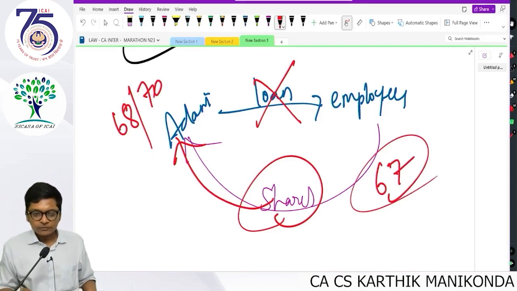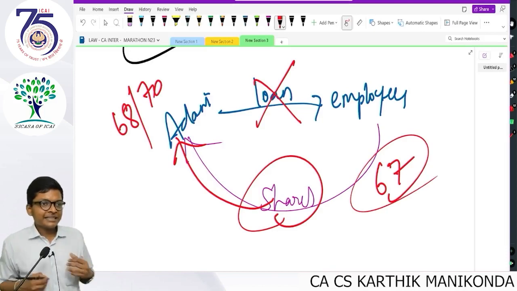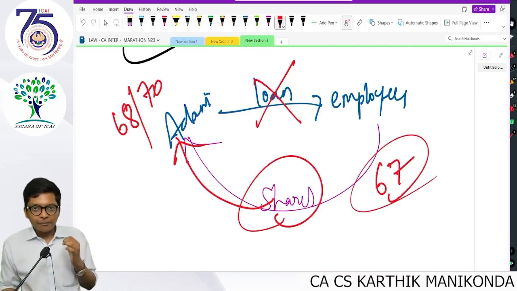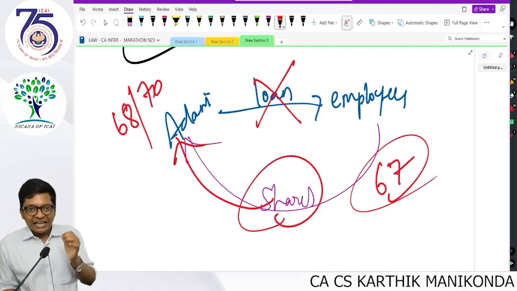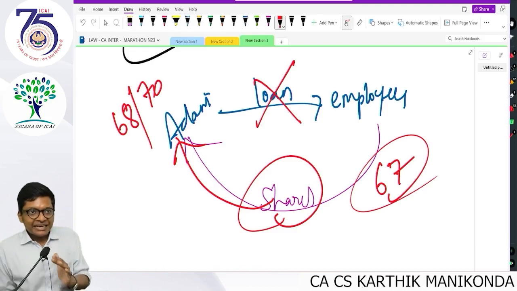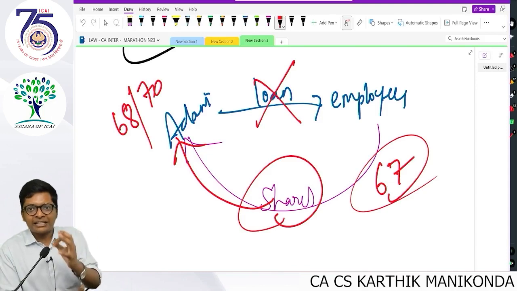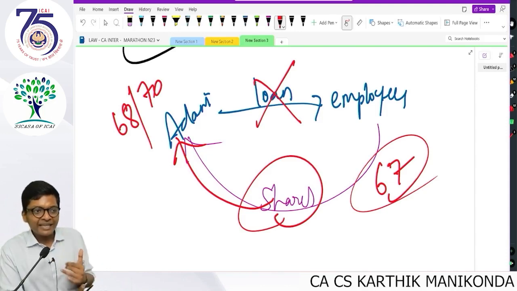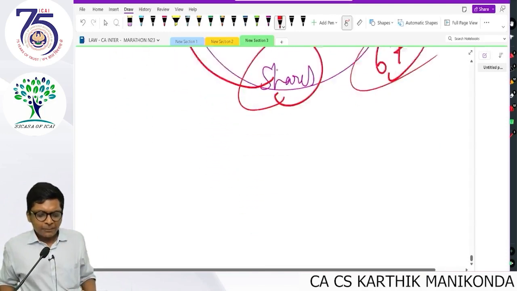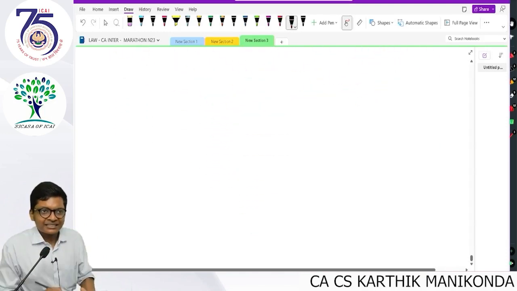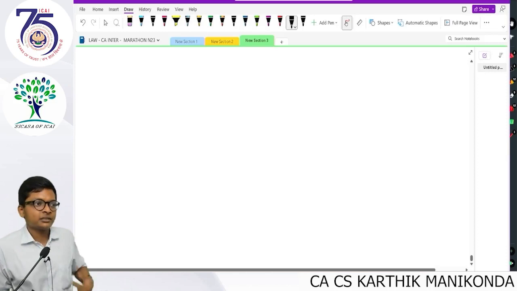Therefore, we introduced 67, which says no company is allowed to give financial assistance directly or indirectly through any person to buy its own shares. Are you following? But imagine some companies genuinely want to help employees.